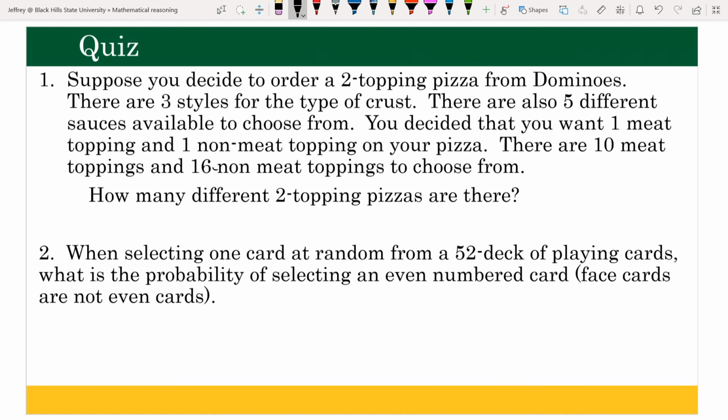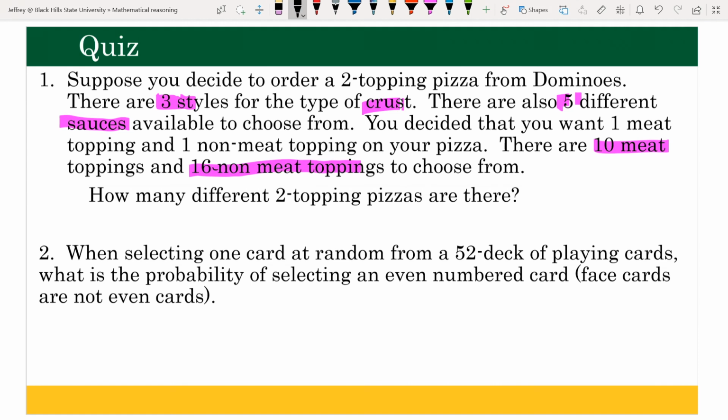So taking it one step at a time, I'm just going to highlight what we have to customize. So we have 3 styles for the crust. We have 5 choices for the sauce. We have 10 meat toppings, and then 16 non-meat toppings.